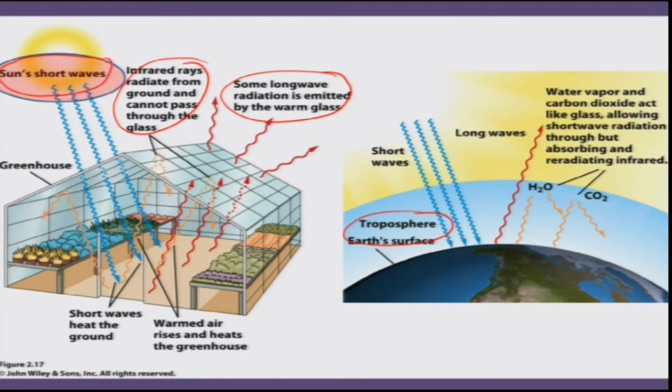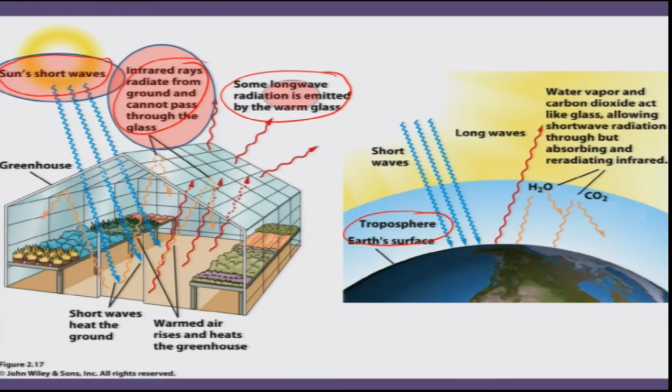So we have the sun's short waves coming in, and then the infrared, which is radiated back to the ground and not transmitted into the atmosphere, whereas some of the long waves are transmitted into the atmosphere.